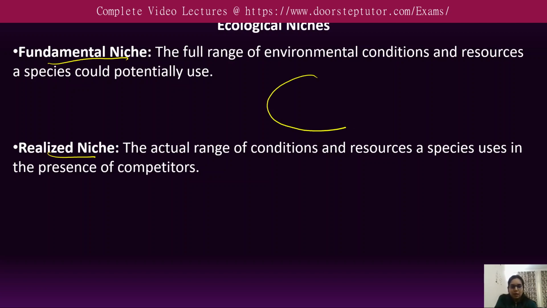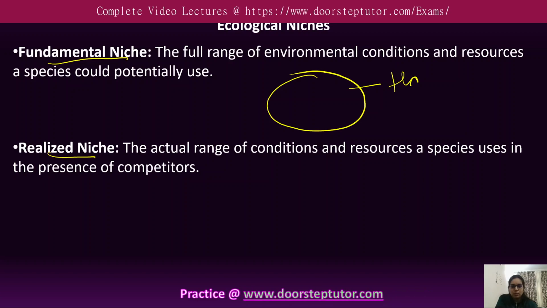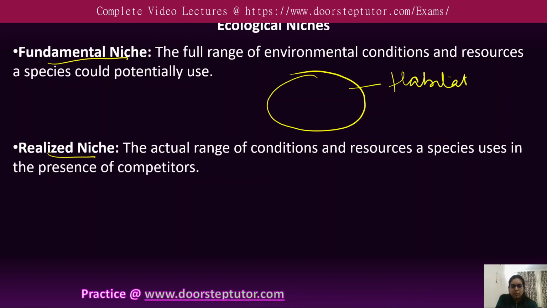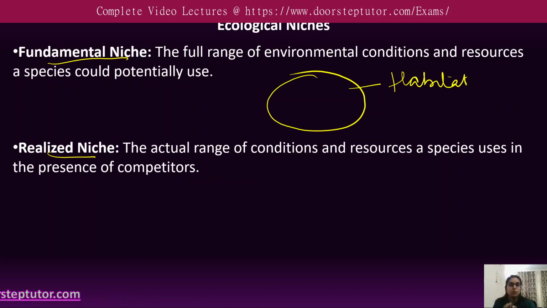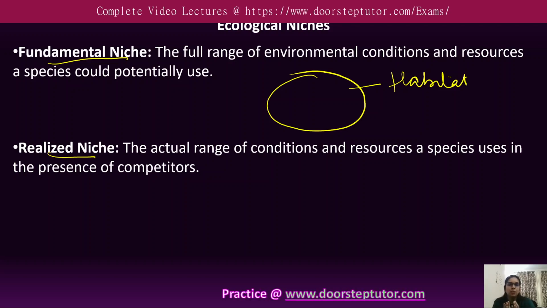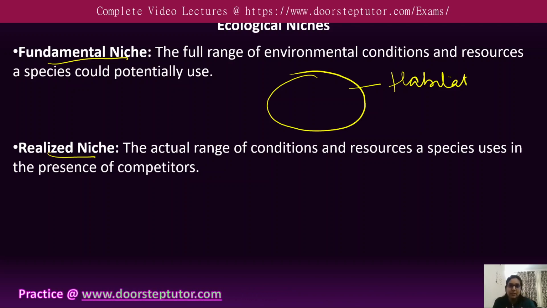Suppose there is a habitat or an area in which a lot of environmental conditions and resources are available for a large number of species which can utilize them. But the realized niche is the actual picture in the community, meaning the actual range of conditions or resources which a species uses in the presence of competitors.